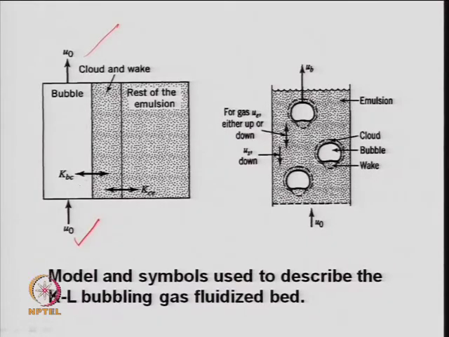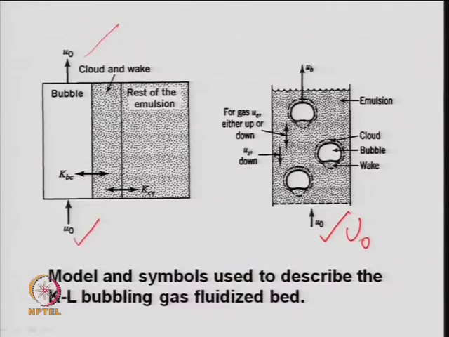That is shown here, right, and this is the actual picture in a bed. So, you have a superficial gas velocity u0, in meters per second. This is the bubble moving up. This is basically a bubble velocity which can be calculated from the mass balance, right, and for the gas it is either up or down, because there is a movement of the solid particles or circulation here.